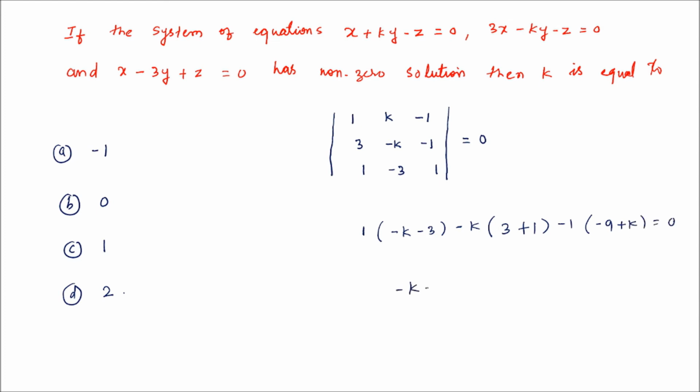Simplifying, minus k minus 4k minus 5k minus 6k, and minus 3 plus 9 means plus 9 equals 0. Minus 6k is equal to minus 6. So k is equal to 1. This will be our answer.